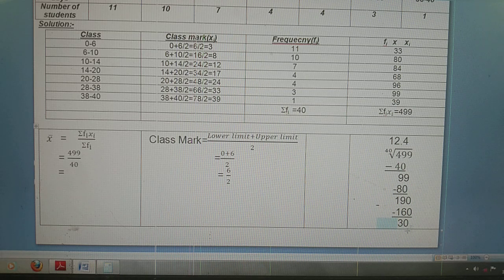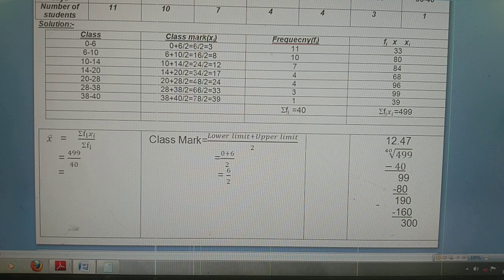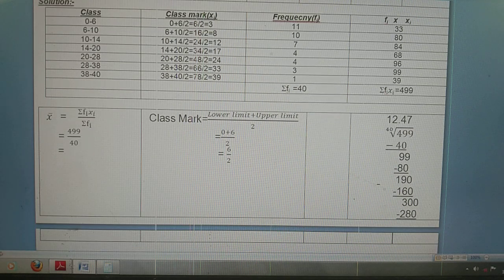Now one more 0. 40 times 7 is 280. 300 minus 280, it will be 20.